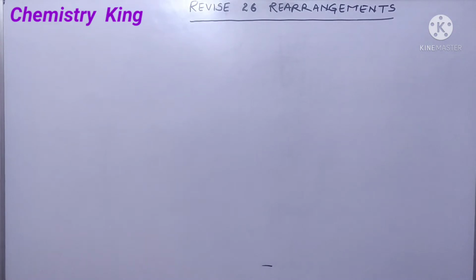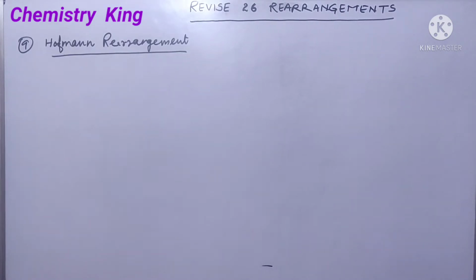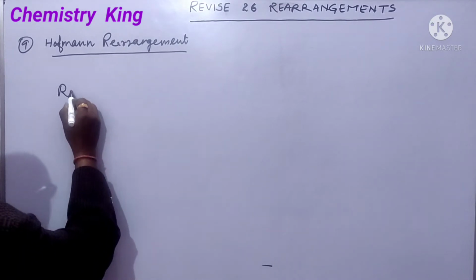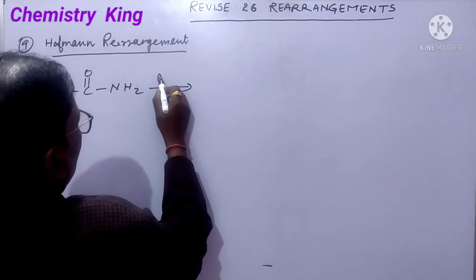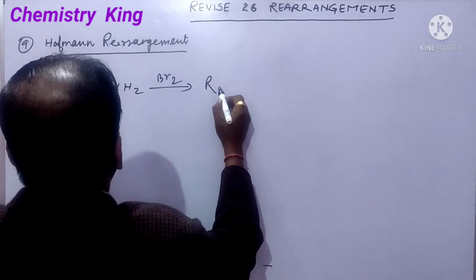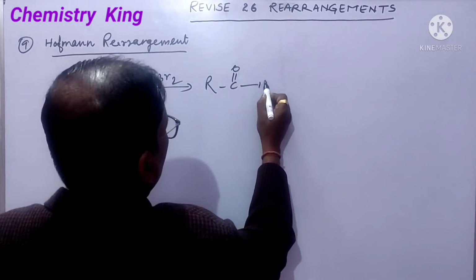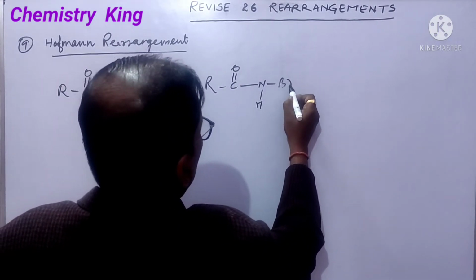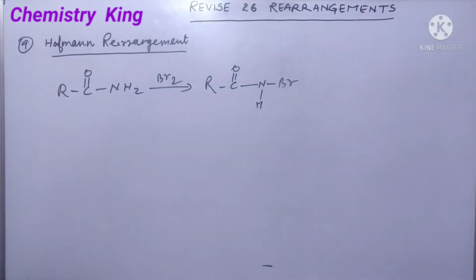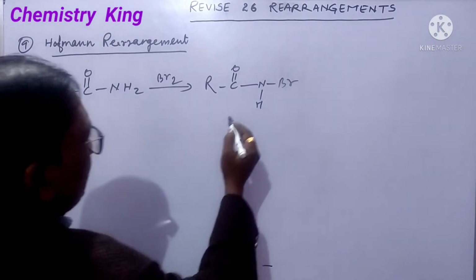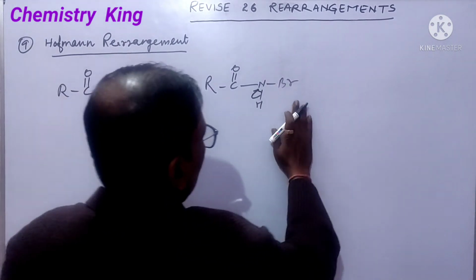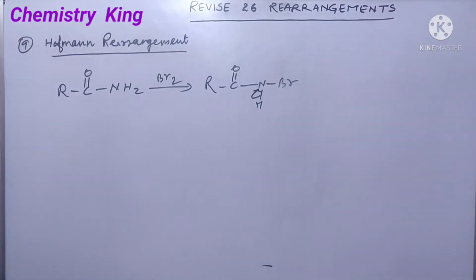Hofmann rearrangement. When amide is heated with bromine and caustic potash, amine is obtained. What will be its mechanism? It is amide, bromine reacts with it, leading to this NHBr. Okay? This hydrogen is acidic, so in presence of base, this hydrogen is eliminated.